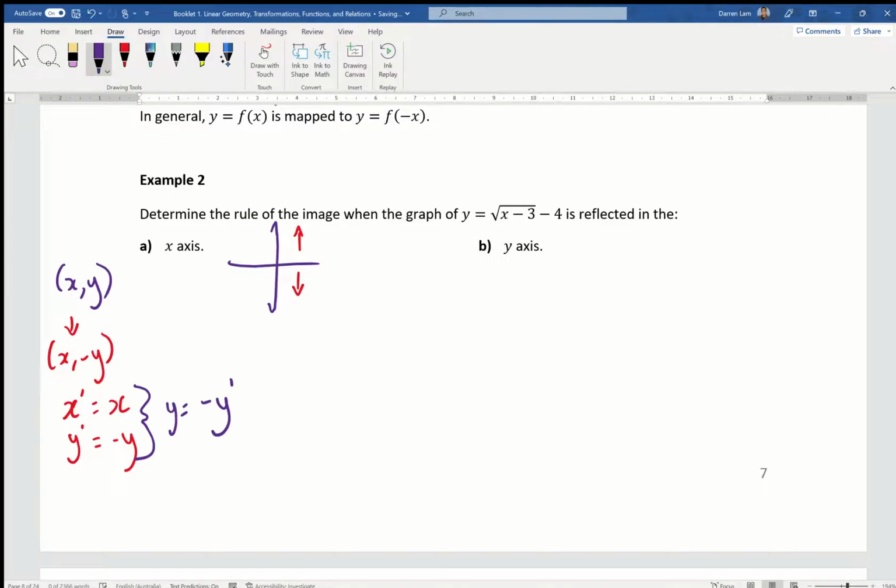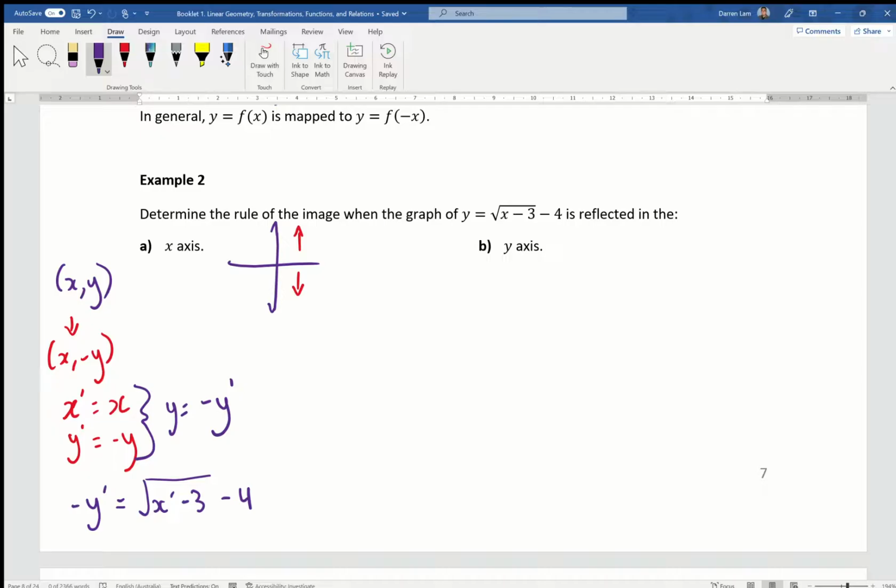I'm going to replace our original equation with our new found variables. So instead of writing y, I'm going to write negative y dash equals root of x dash minus 3, minus 4. I didn't have to touch the x besides add the dash on because x dash is x in this case.